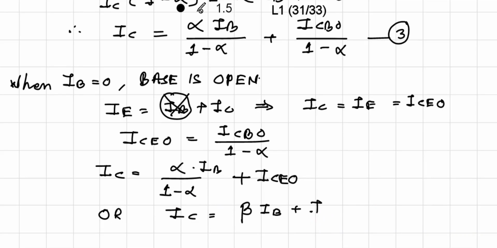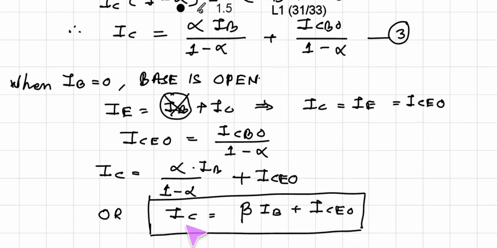This is the relation of collector current in the common emitter amplifier. This is equation 4.